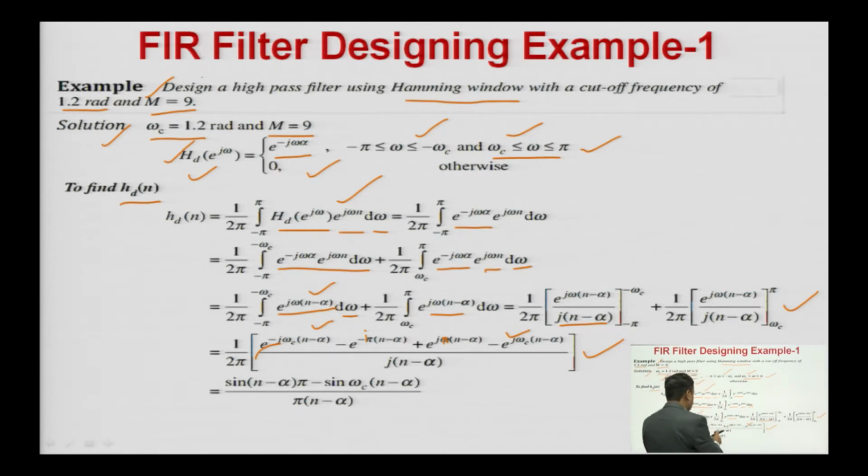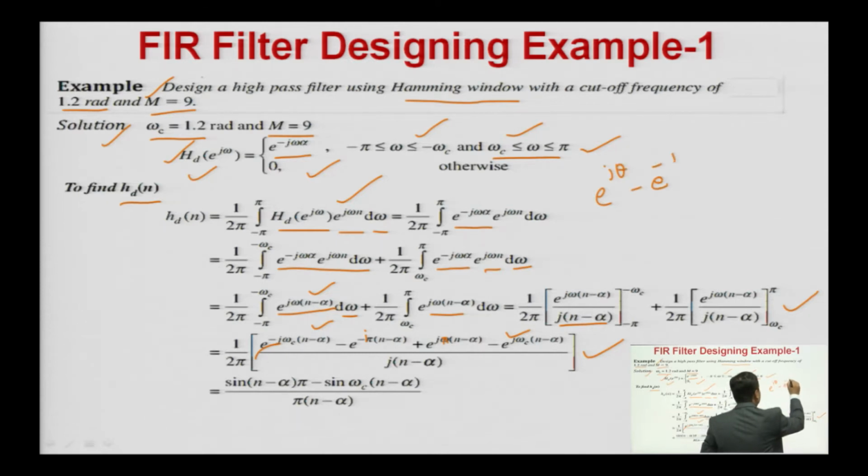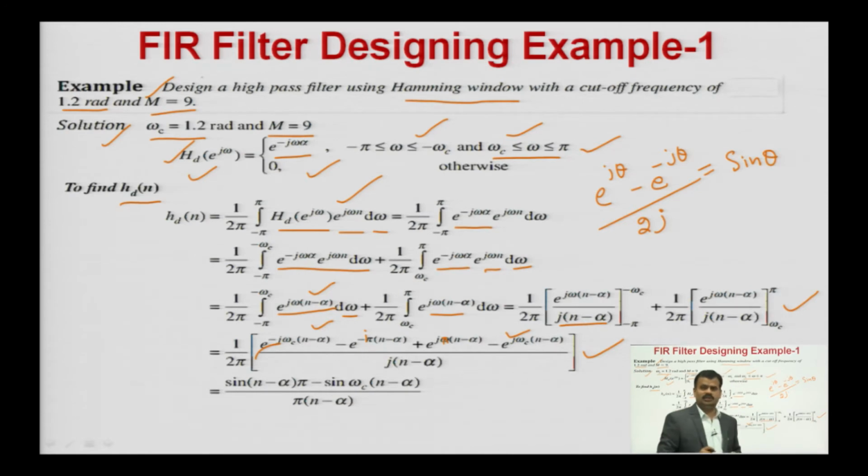Now you can apply the formula here: e to the power j theta minus e to the power minus j theta upon 2j is equal to sin theta. If it is plus and upon 2 only, then it will be equal to cos theta.